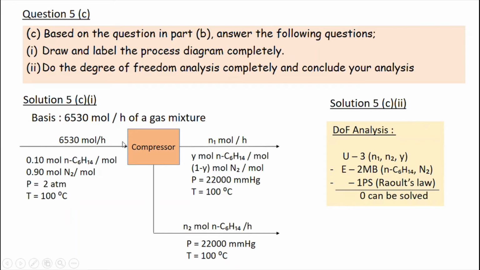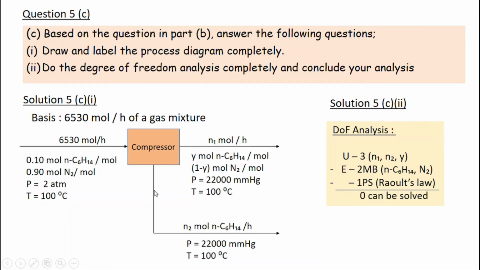The mixture contains 10% N-hexane and 90% nitrogen at the pressure 2 atm and 100 degrees Celsius. So in the feed stream, we have 0.1 mole fraction of N-hexane and 0.9 mole fraction of nitrogen.